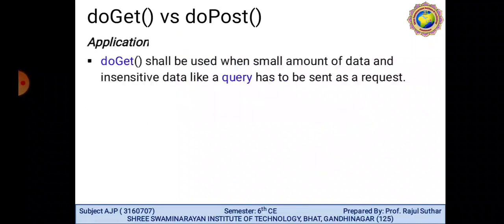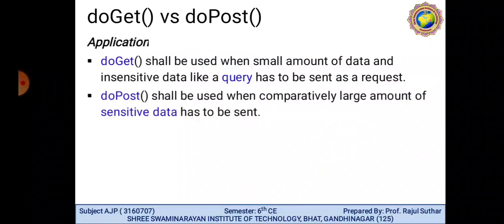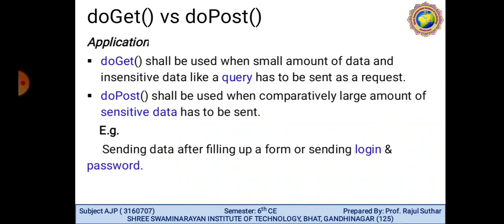So doPost is a secure method. doGet shall be used when a small amount of insensitive data, like a query, has to be sent as a request, while doPost shall be used when a comparatively large amount of sensitive data has to be sent, for example, sending the data after filling a form for a login and password. So we require the doPost method.